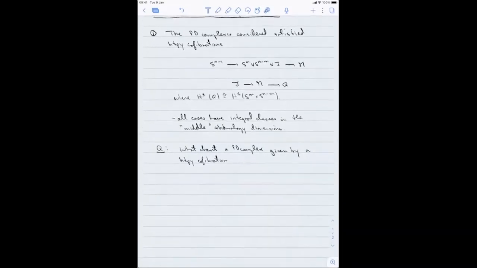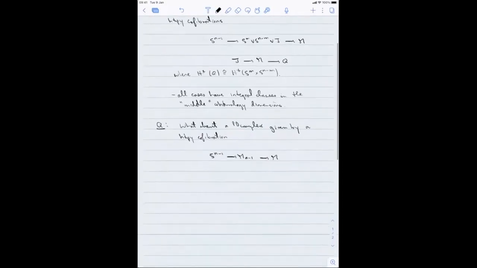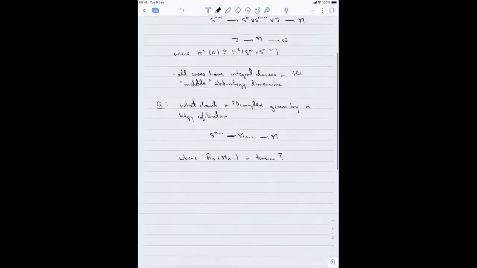So all of this that we've been talking about repeatedly is void. You have a homotopy cofibration, the attaching map for the top cell factors through the n-1 skeleton, attach it to get M, and the reduced cohomology of that n-1 skeleton is just torsion.